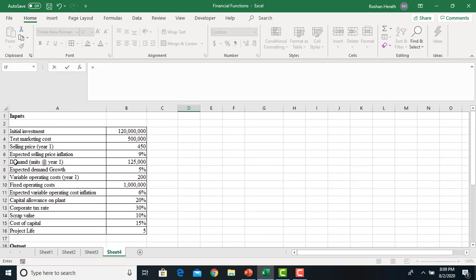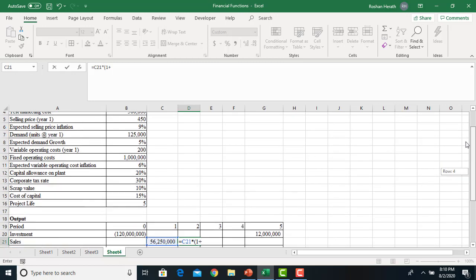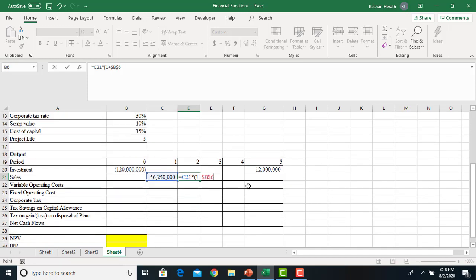So you may have to accommodate the expected selling price inflation and the expected demand growth. So you know how to get that. You may refer to the year 1 sales multiplied by 1 plus the applicable growth rate in the selling price, then the applicable growth rate in demand.